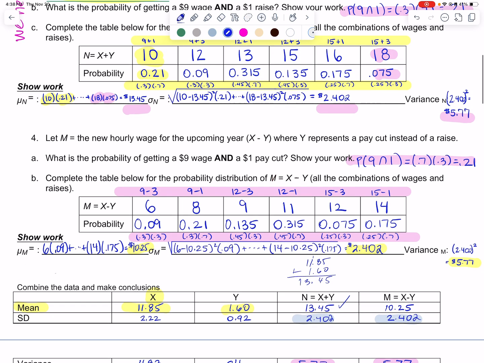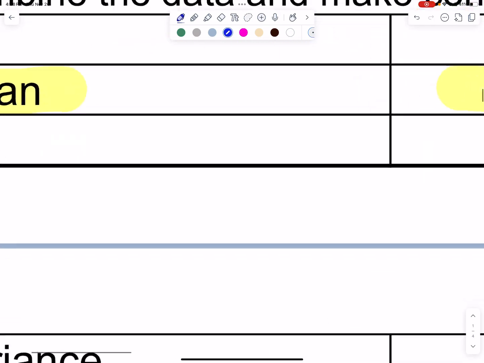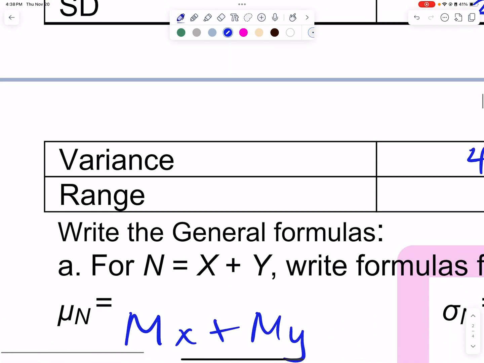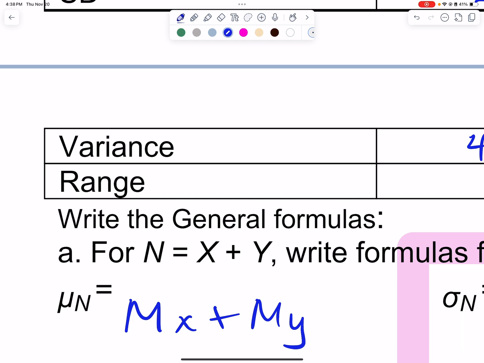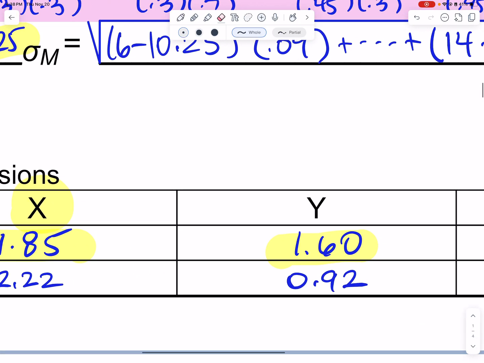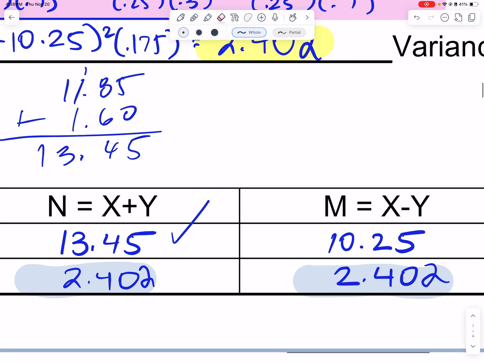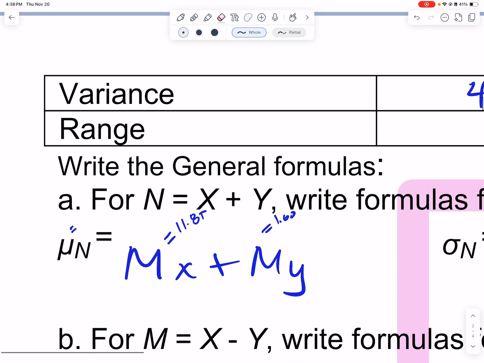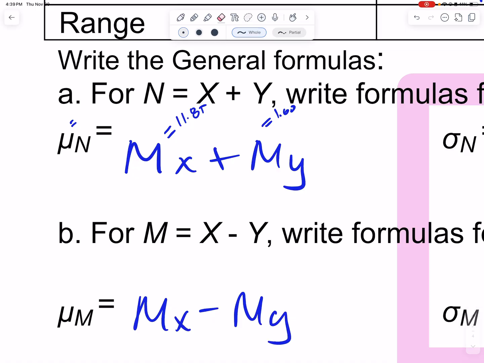So I can write a formula: the mean of X plus the mean of Y. Remember, this was my 1185, and this was my 160, and this, of course, was the total of 1345. The same thing for 1185 minus 160 gets me 1025. So that's the mean of X minus the mean of Y.